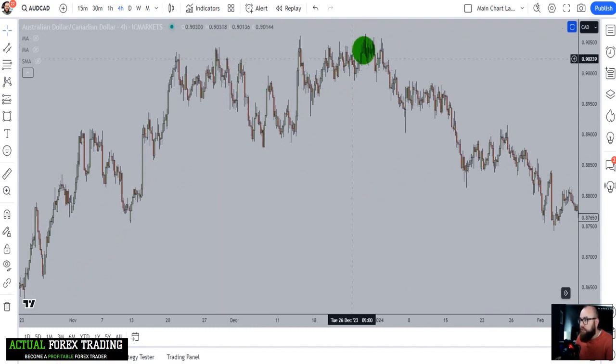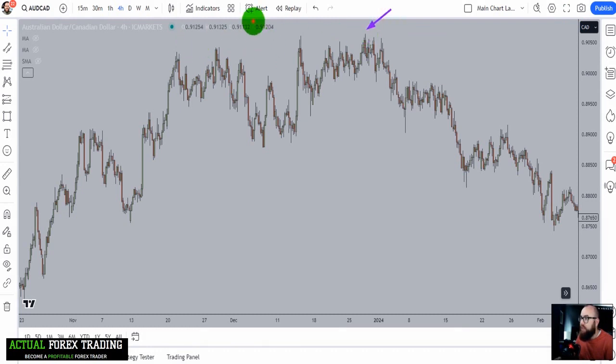Now when you get this sort of thing happen, where you have swing highs, or if price is downtrending, swing lows, that are very similar in size and also where the highs are on the chart, that's always an alert system. It's always a signal that something could be happening.